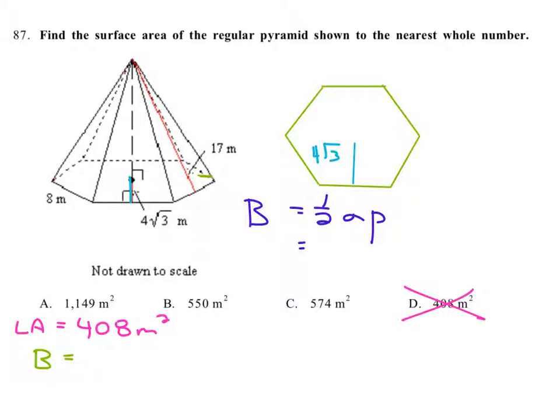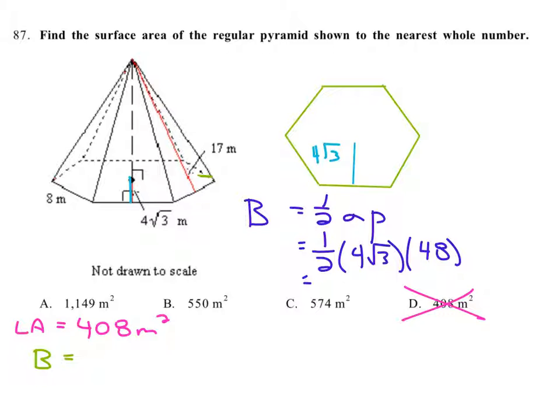So since they already give us the apothem, that makes it really nice and easy for us. We've got 1/2 the apothem length of 4 root 3 times the perimeter, which we already found from the other calculation for the lateral area, is 48. 6 sides, each measuring 8, is 48.